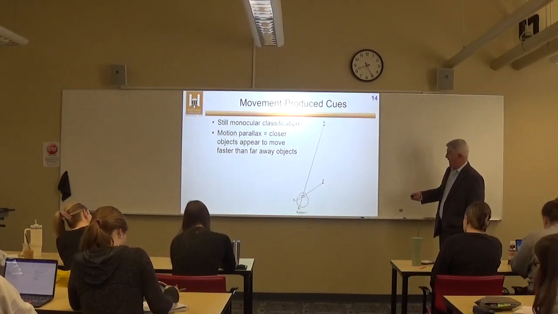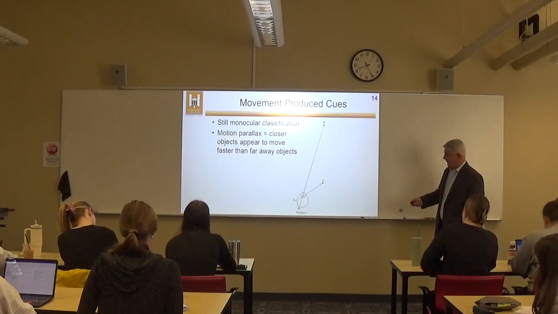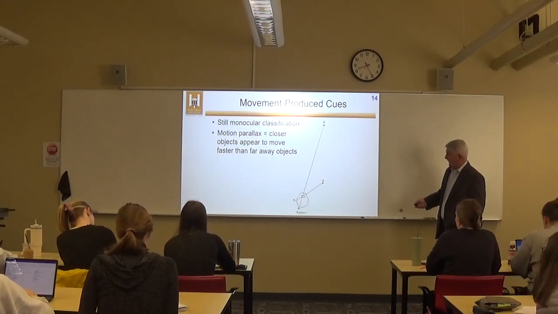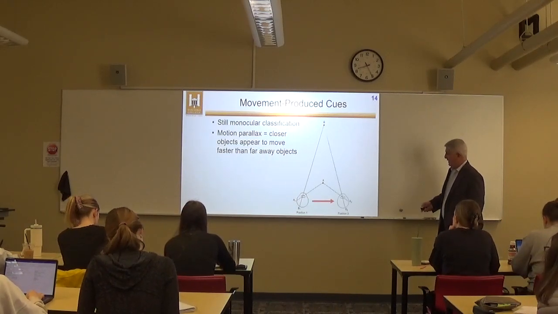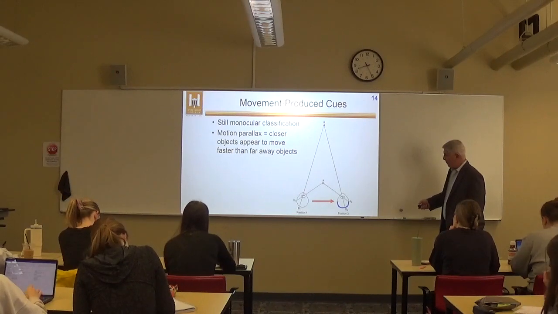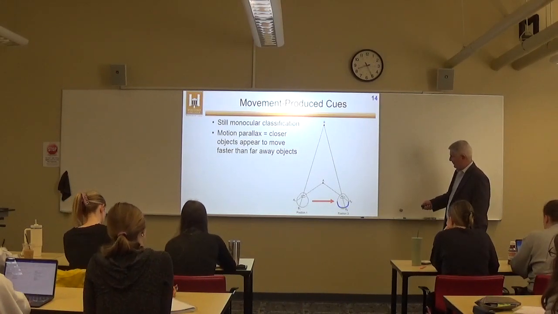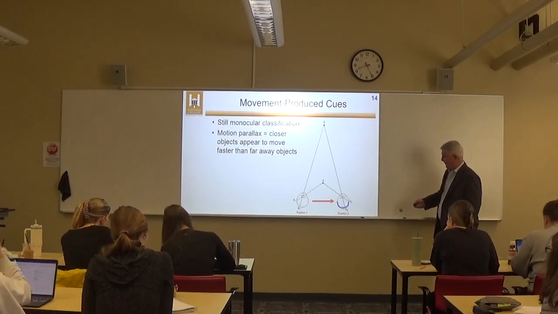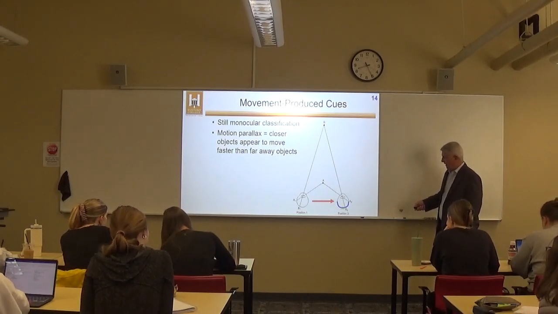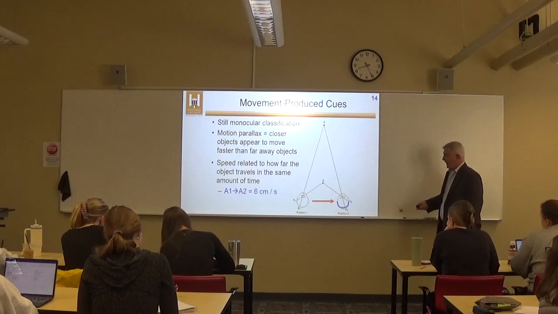So here we have point A that's up close. This is where it is on my retina. Point B, if I move over here, point A has traveled that far across my retina. Point B has only traveled that far, right?